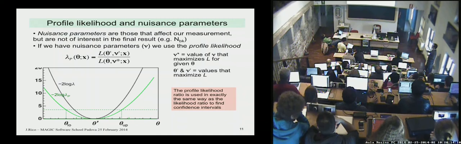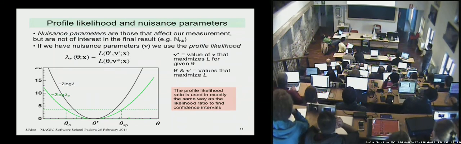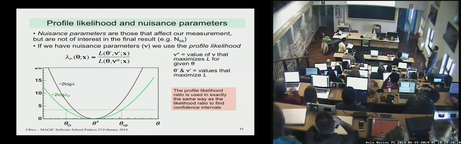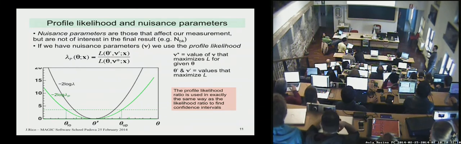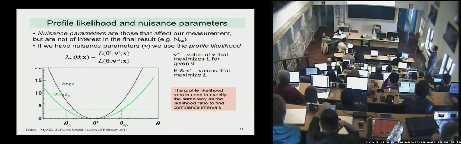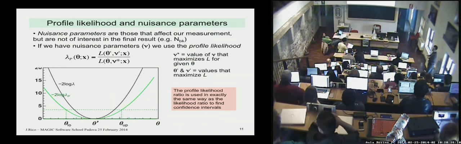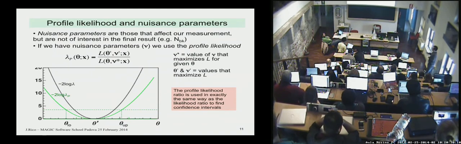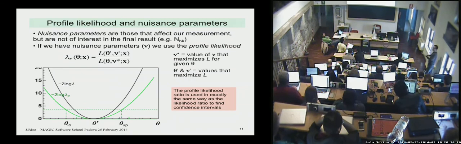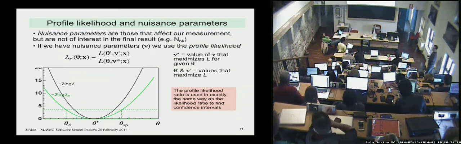But because this enters the composite likelihood as a Gaussian term, if the uncertainty that we allow on these parameters is Gaussian, for example, then the profile likelihood fulfills the same property as the normal one. Yes.